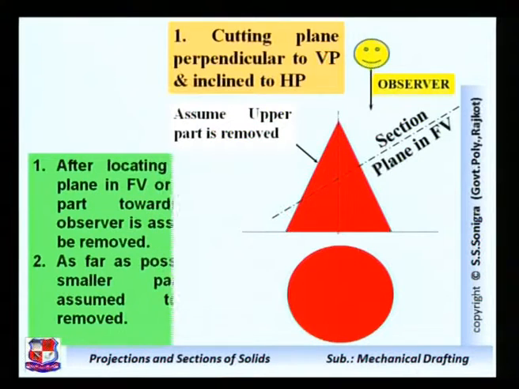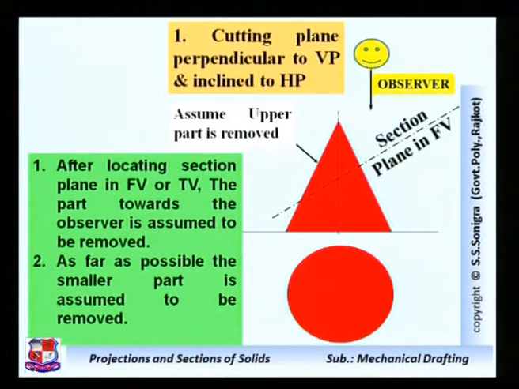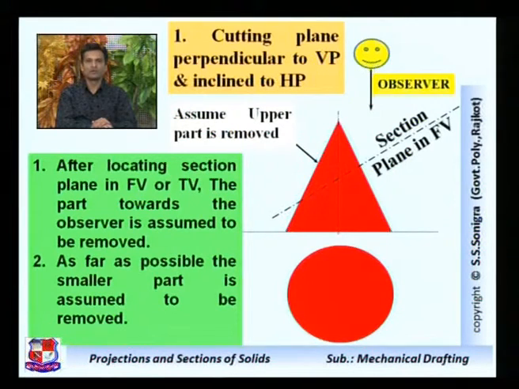In this first type of cutting plane, after locating the section plane in the front view or top view, whichever is applicable, the part towards the observer is assumed to be removed. As far as possible, the smaller part is assumed to be removed.